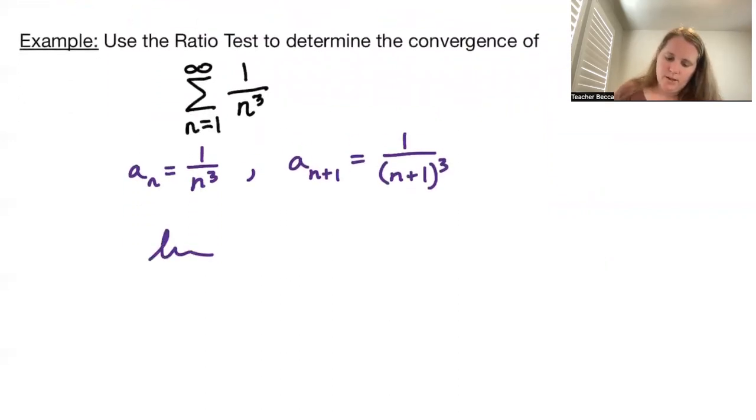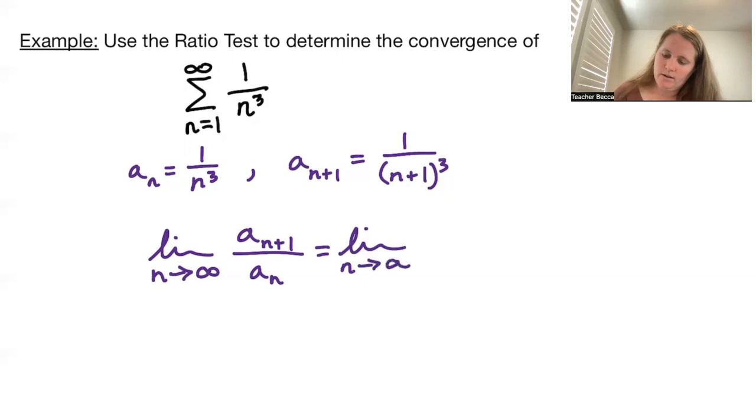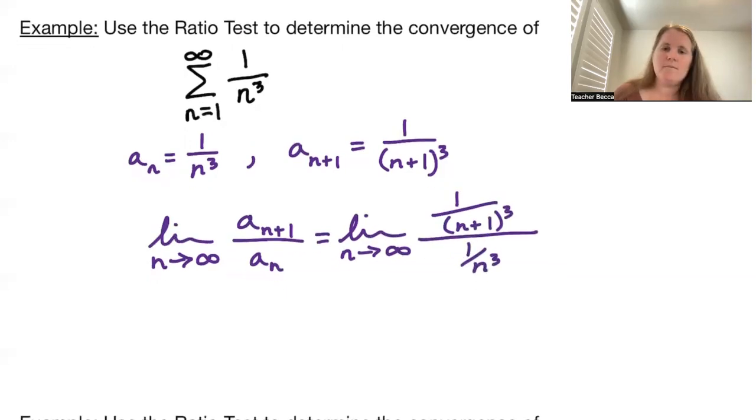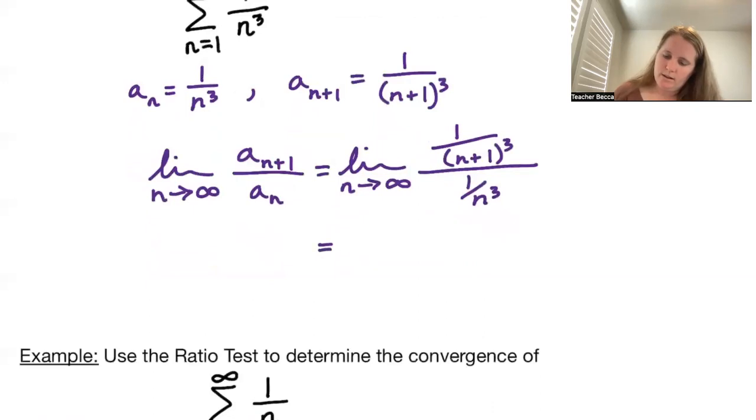So we have the limit as n goes to infinity of a sub n plus 1 over a sub n is the limit as n goes to infinity of 1 over n plus 1 cubed all over 1 over n cubed. But this is just the limit as n goes to infinity of n cubed over n plus 1 cubed.